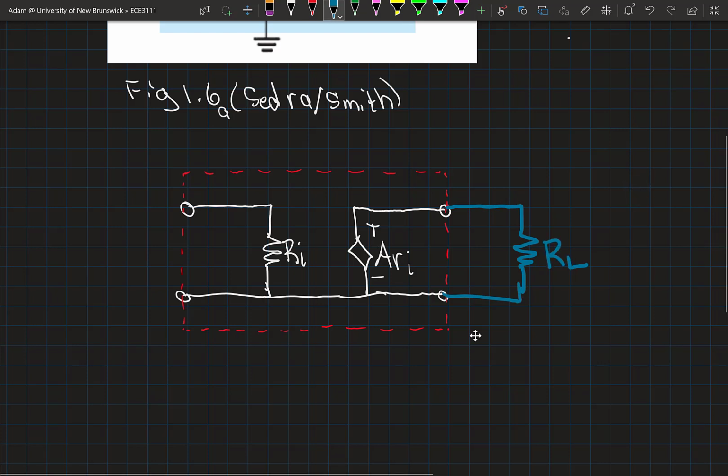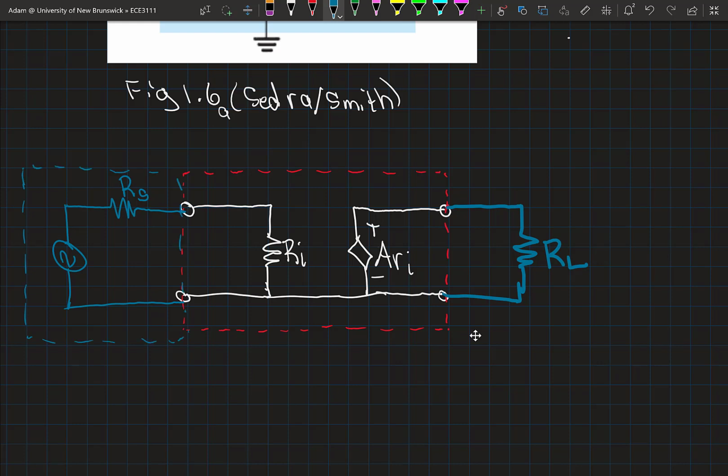Okay, so I'll add on to that a load here, RL, and I'll add on a source, but this time I'm going to make my source a real source. And what I mean by a real source is that it has a source resistance. Okay, so here, connected to the input, is a real source.